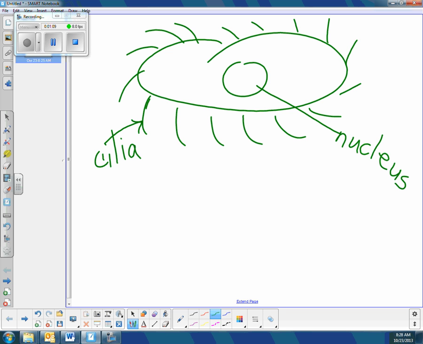They're called cilia, and that's his method of locomotion. That means how he moves, method of locomotion. And I'm going to show you some video clips of how he moves, because he flips them about and it makes them swirl, swirl, swirl.